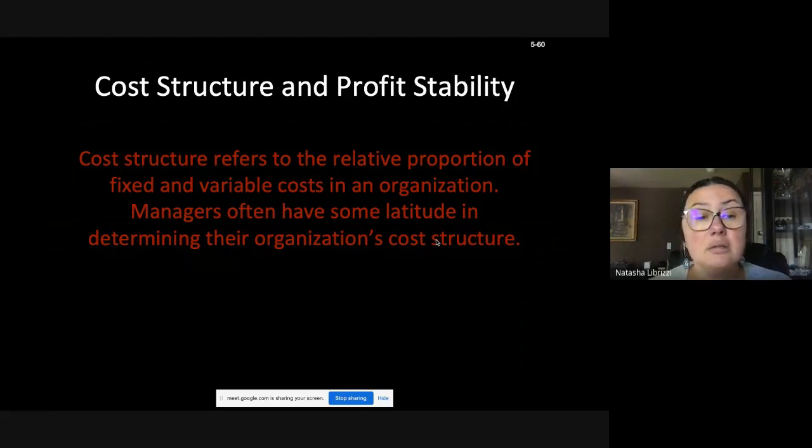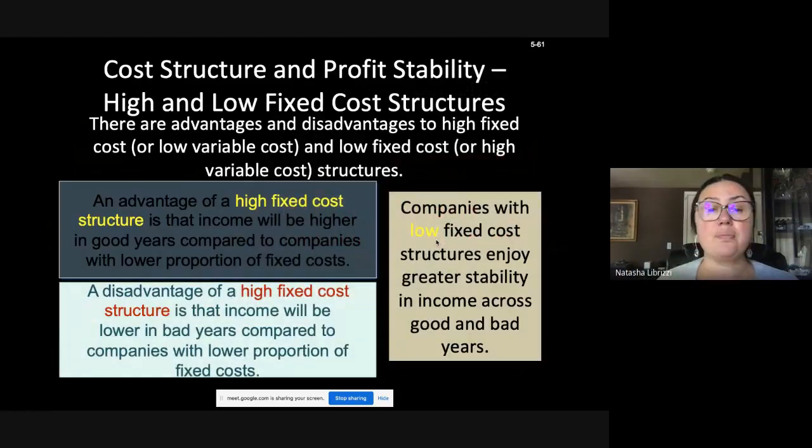So cost structure refers to the relative proportion of fixed and variable costs in an organization, and managers often have some latitude in determining their organizational cost structure by just tweaking, like renting versus owning the building. So if you're renting, maybe you can get out of the lease if we can no longer participate in the economy. So those things are critical as the structure works.